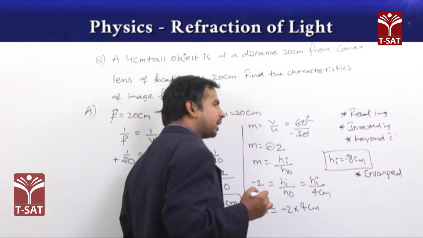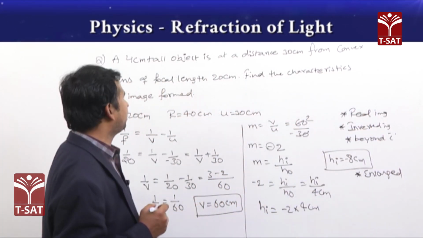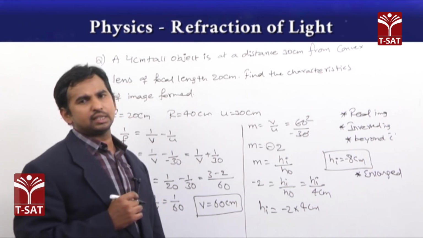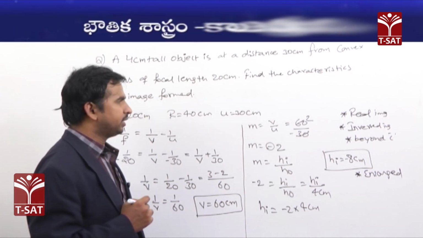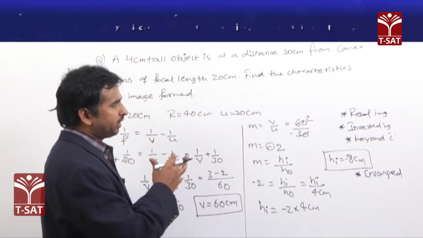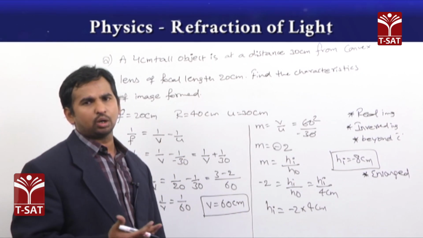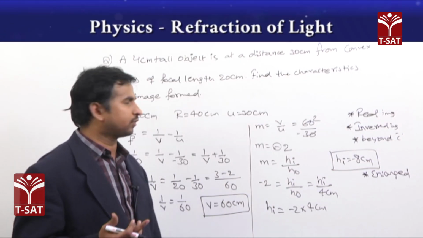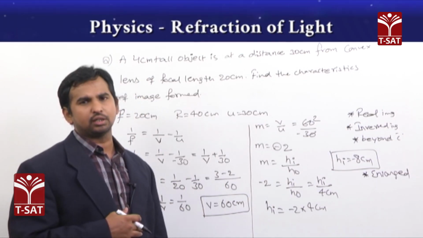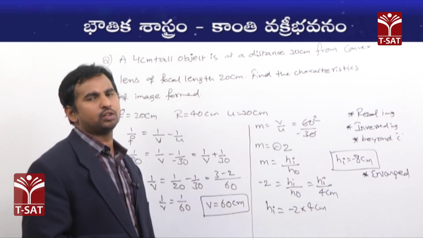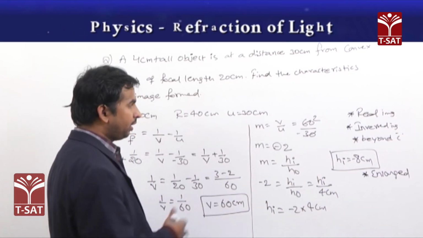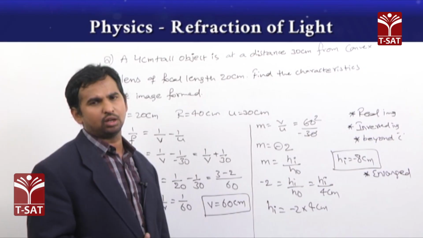These are the image characteristics we got when the object is placed at 30 centimeters before the lens having a focal length of 20 centimeters. It is forming a real and inverted image, and the position of the image formed is beyond the center of curvature, which is more than 40 centimeters. And not only that, the image formed is an enlarged image.